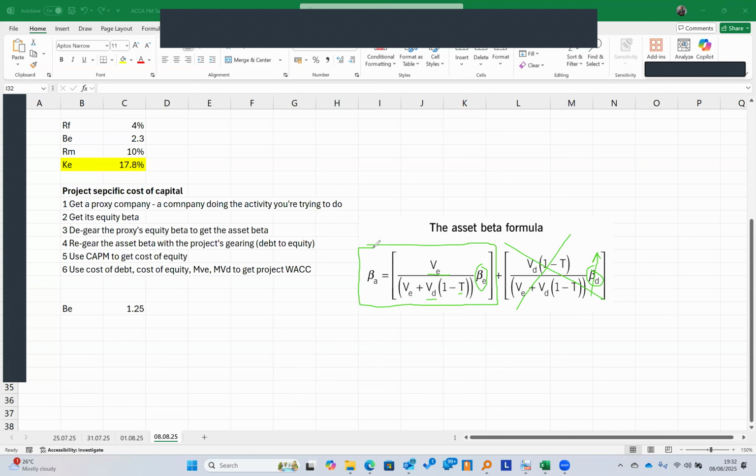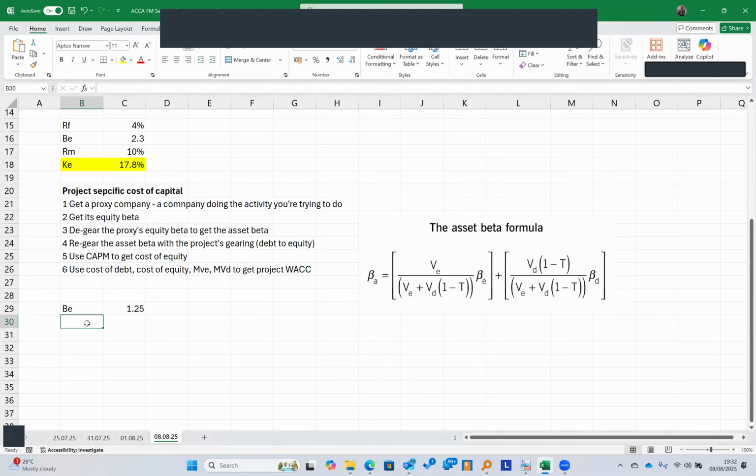So for us to use it, we need to get the value of equity, value of debt, and then the tax. So let us get those items. So value of equity.